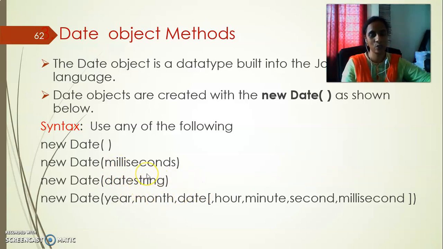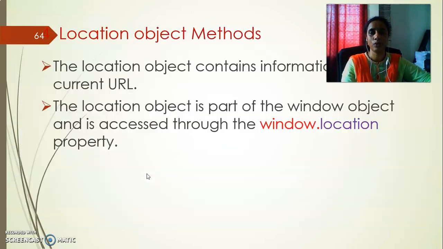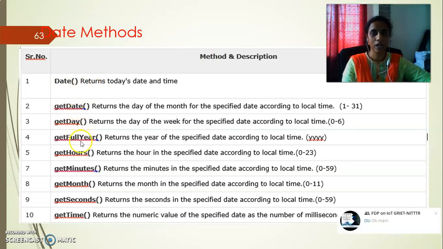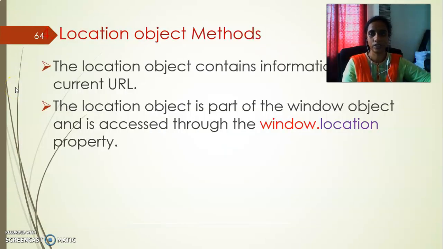In that fashion also you can give. Followed by that, you can see there is Date, which returns today's date and time. There is getDate, there is getDay, and there is getFullYear, getHours, getMinutes, getMonth. Like this there are various methods which help with your date.